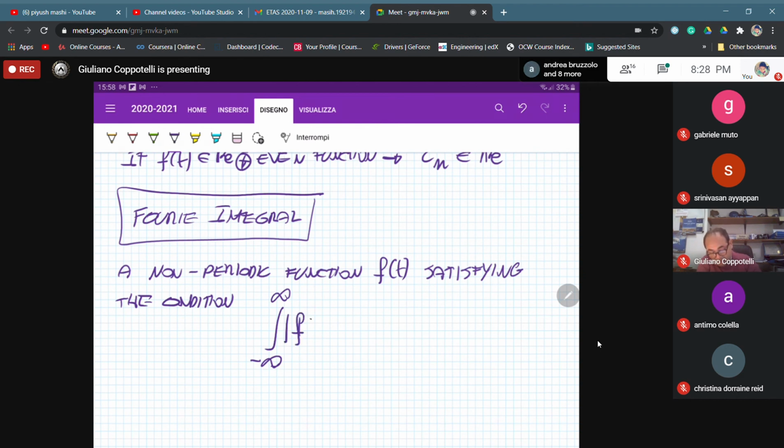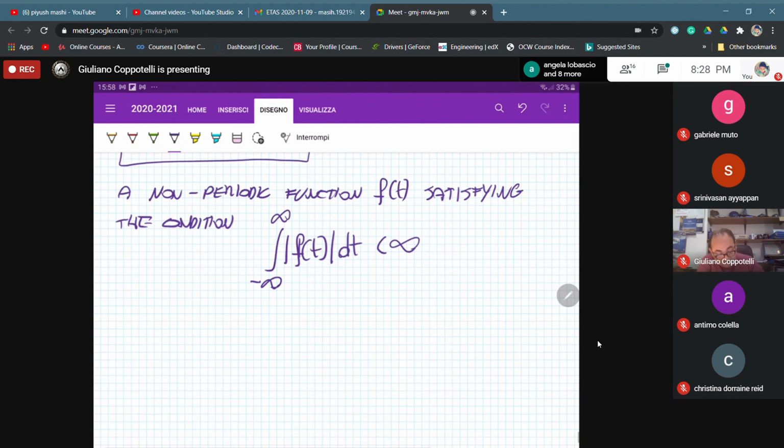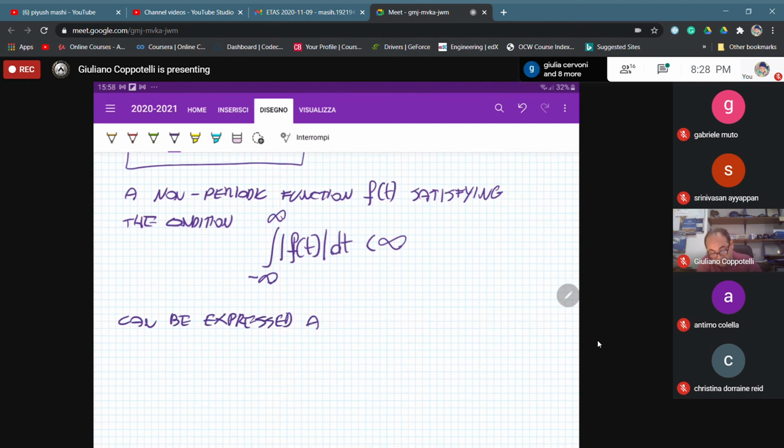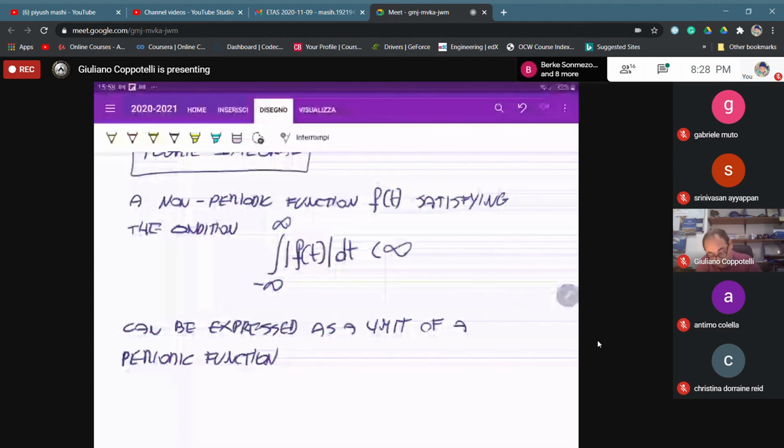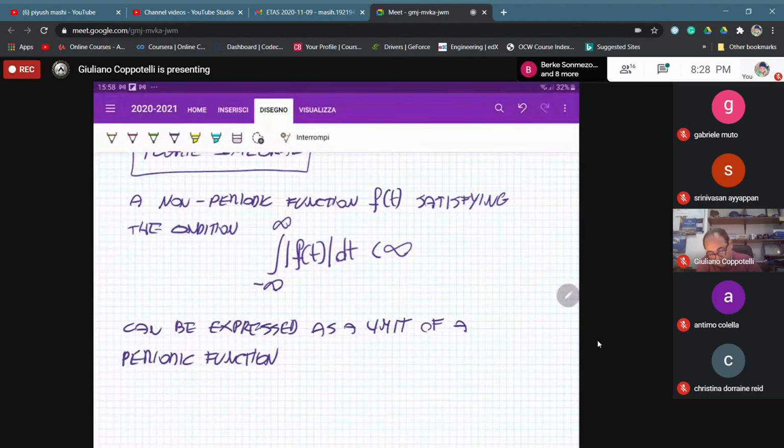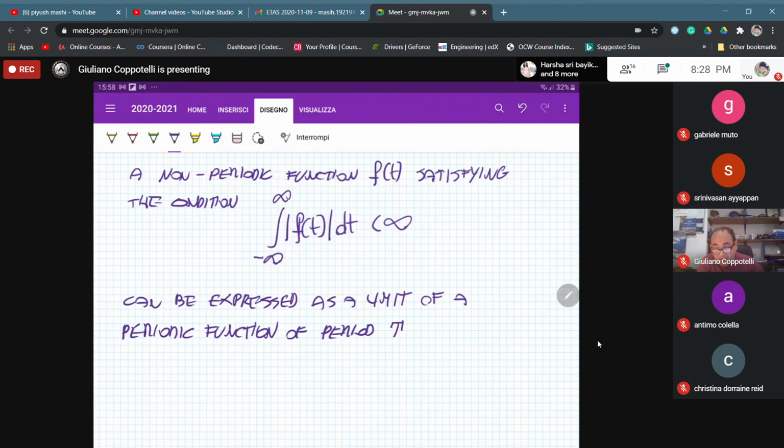Then this function can be expressed as a limit of a periodic function of period T, as T goes to infinity.